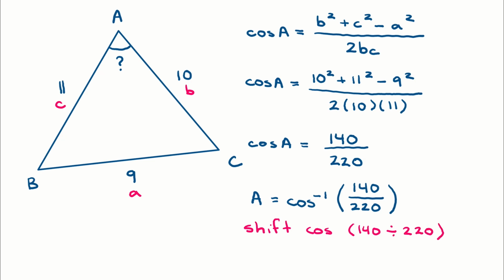When we do that, we get an answer of angle A is equal to 50.5 degrees. And that is how you find an angle using cos law.